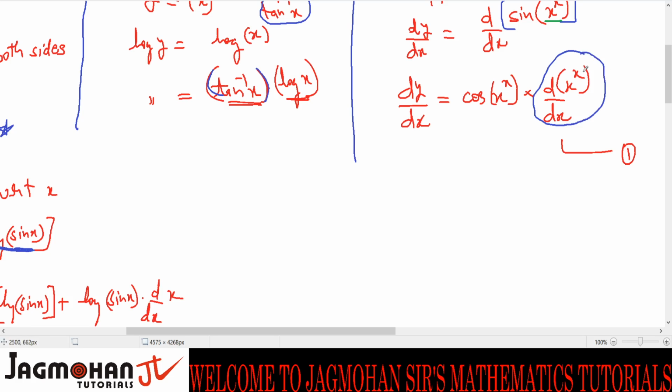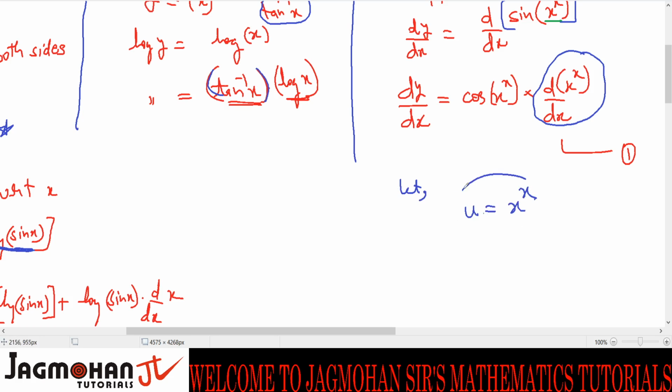It is not x raised to n, it is not a raised to x, it is not constant raised to variable, it is not variable raised to constant, it is d by dx of x raised to x. So you write this as 1, and then let u equals x raised to x, a new variable.